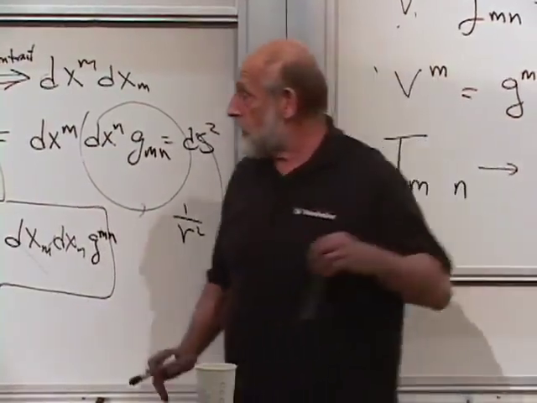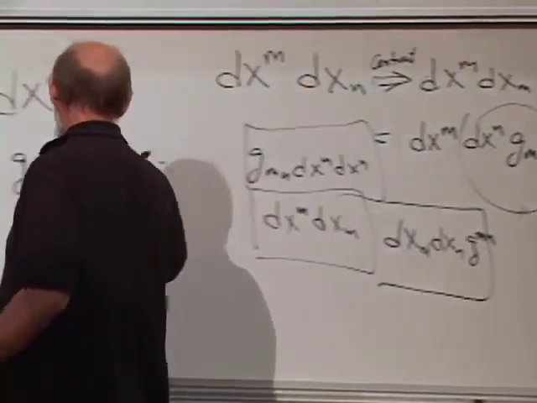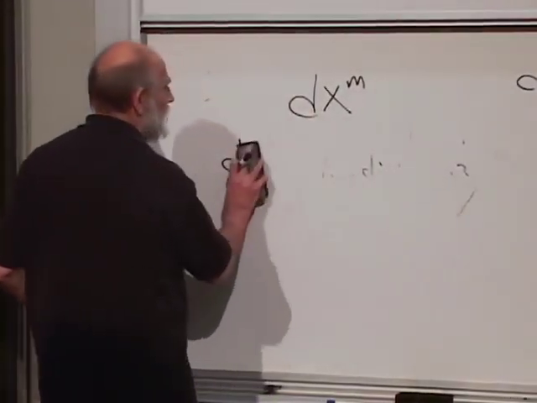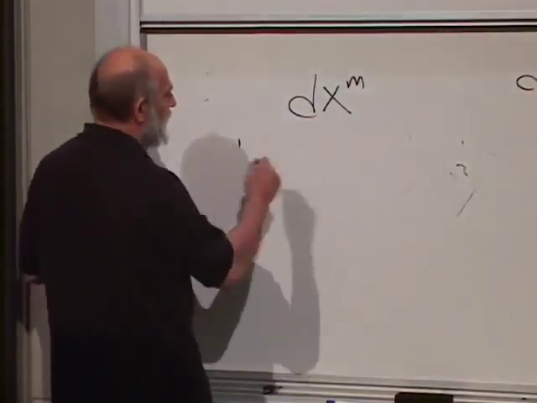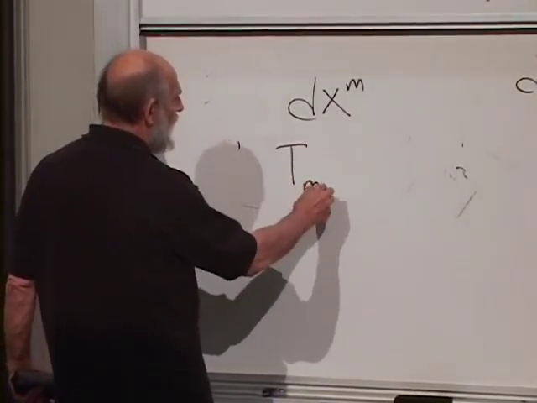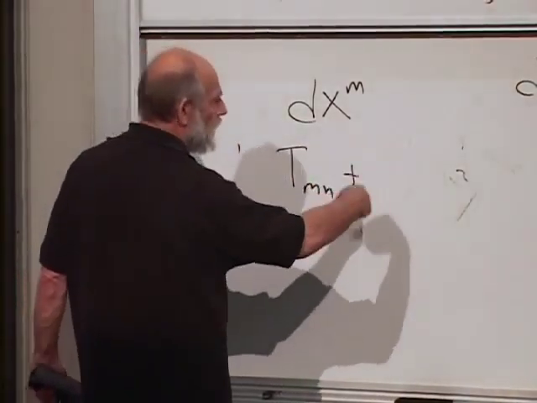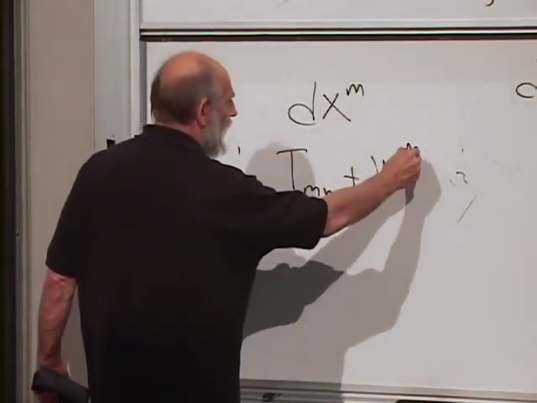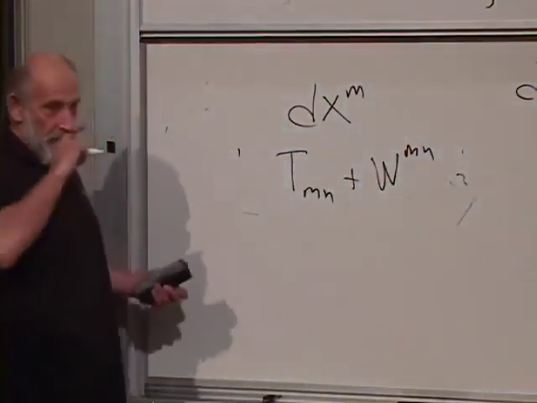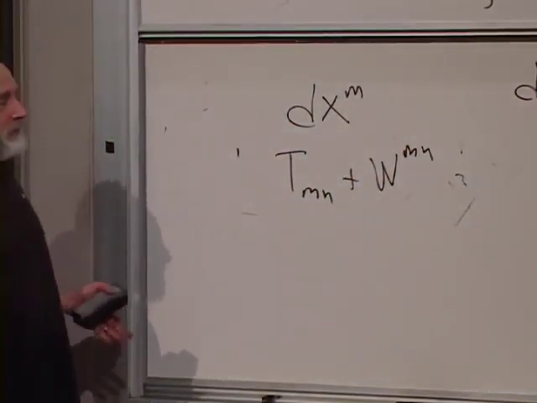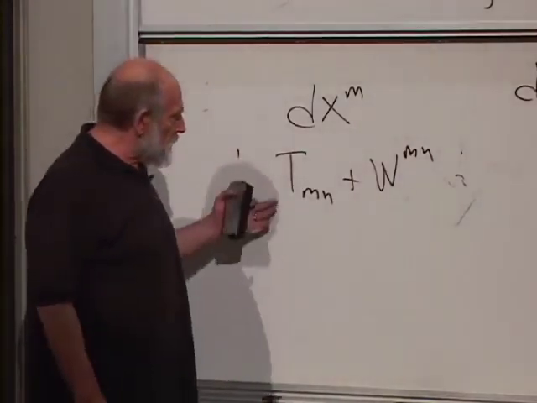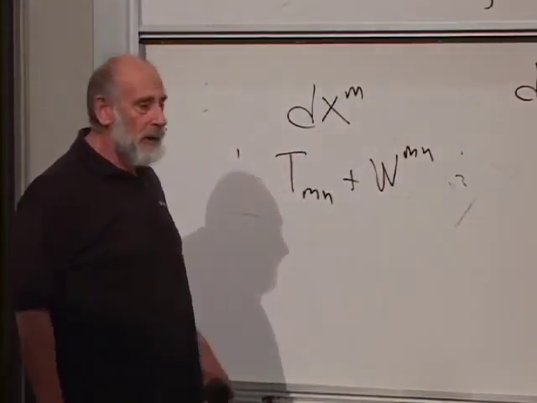In other words, you would not want to add T^{mn} plus W_{mn}. That's a nonsense expression. It has no distinct transformation properties. This transforms one way, this transforms the other way.